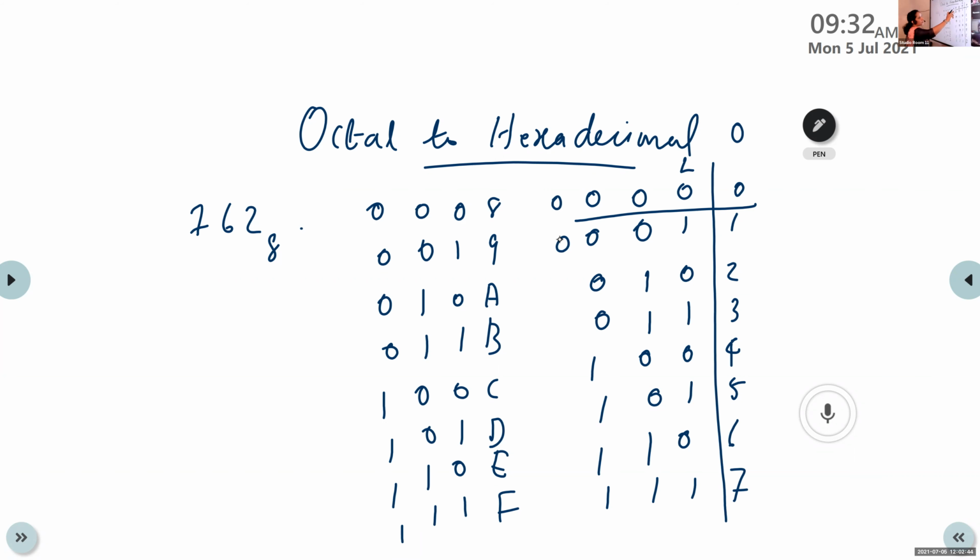Previously we discussed the 3-bit table, so we needed only 3 rows, 1, 2, 3. But here we are using a 4-bit table, so we need one more row. So the last row is 8081. This is the 4-bit table.